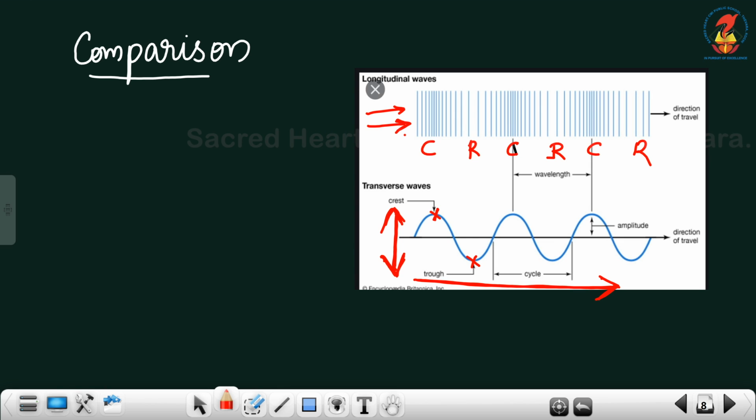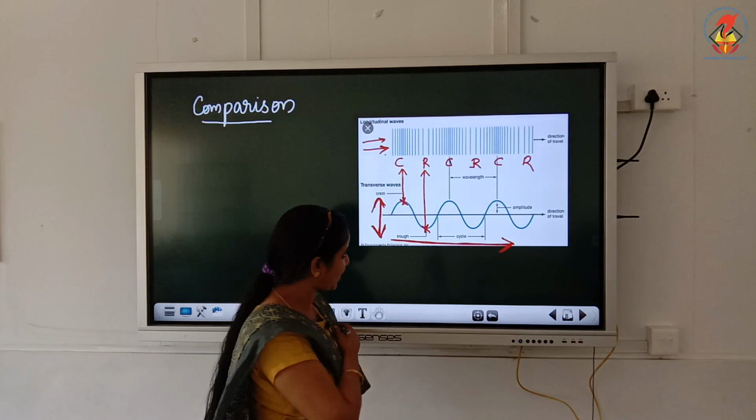See, this is the crest portion of the transverse wave, where the density of particles is high, and such a point corresponds to the high pressure region called compression.